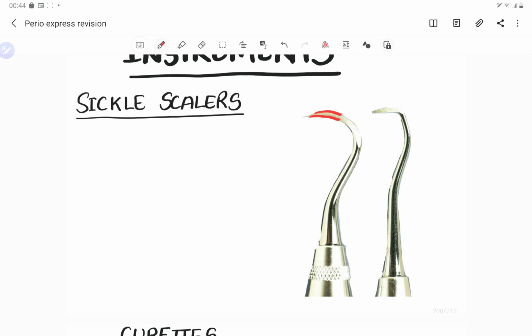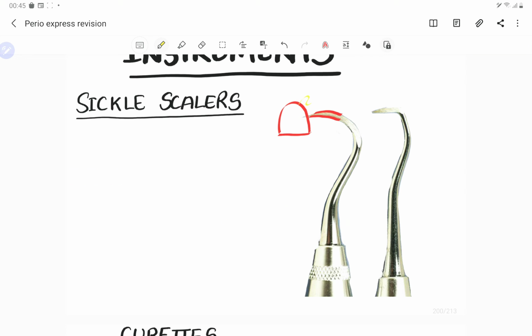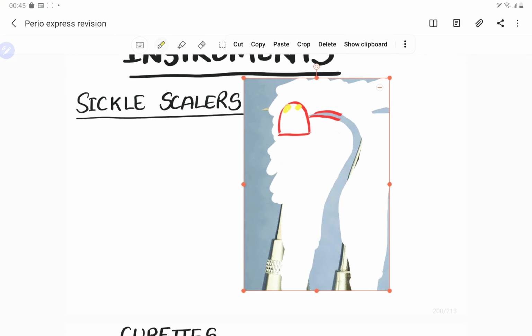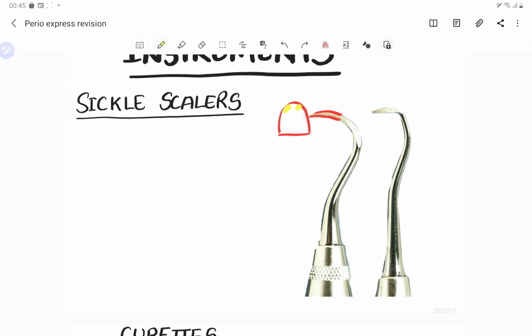So what we do is, we take this scaler and suppose this is the tooth and here is our calculus deposit. We take this scaler over the tooth surface and then we try to remove it.